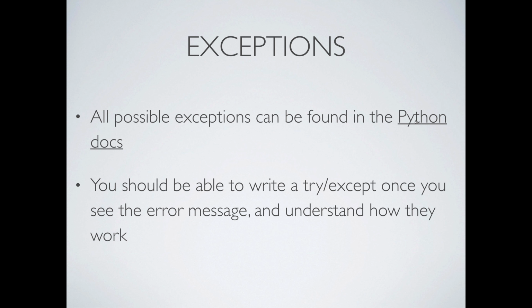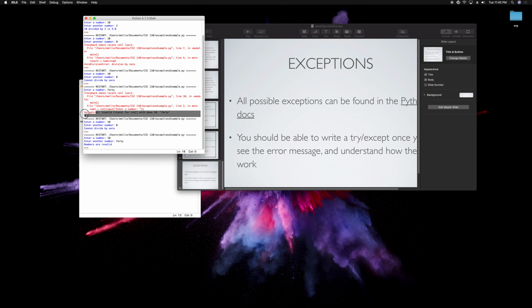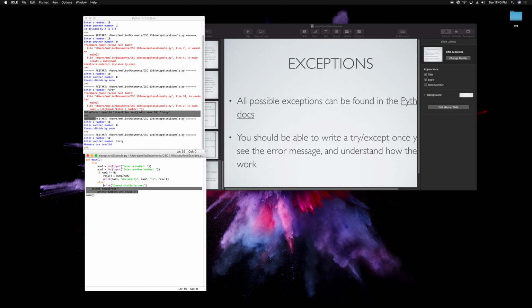That is not what I want you to get out of this. What I want you to get out of this is that if you're writing code and you see an exception like this, you can go into your code and write this try and except by saying, okay, here's the exception name, let me just copy and paste it and put it here in the except.